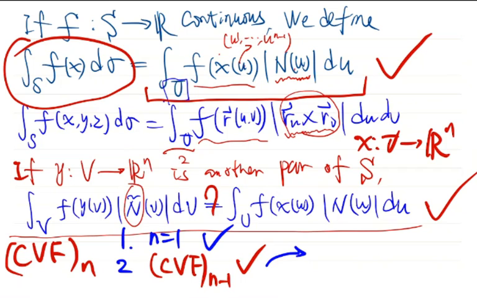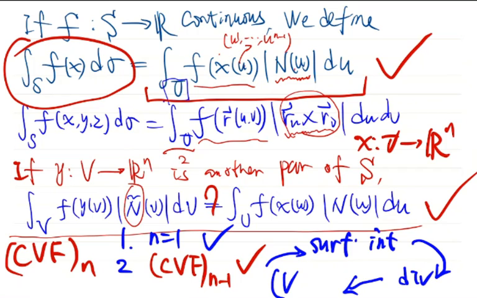So suppose this is true, and we have the surface integral. Then we have the divergence theorem. Then we will obtain the n-dimensional change of variable formula. So for n equals 1, the change of variable formula is true.